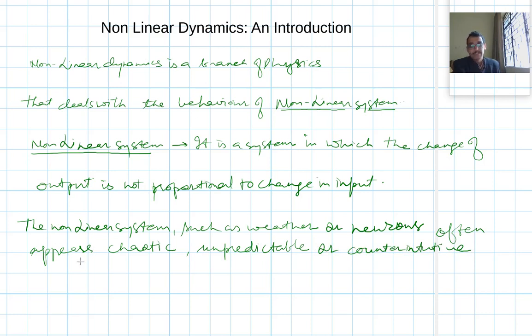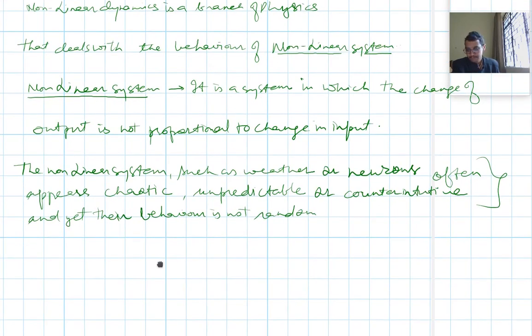And yet their behavior is not random. So these are the very brief characteristics of a nonlinear system.